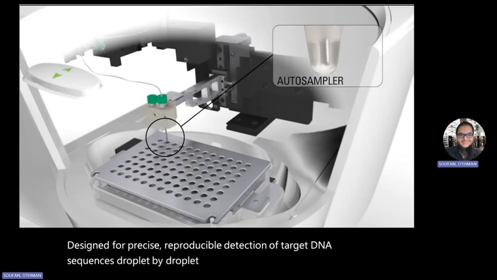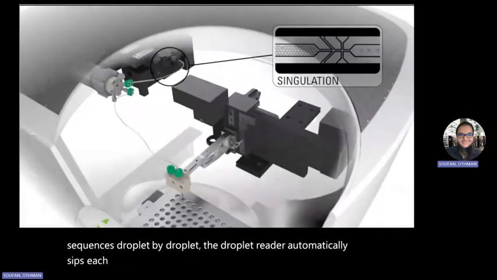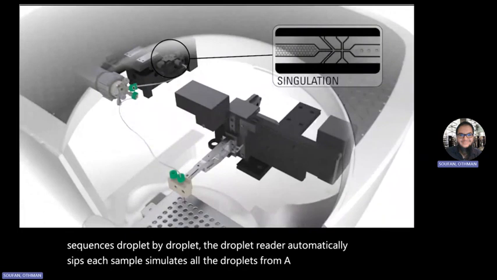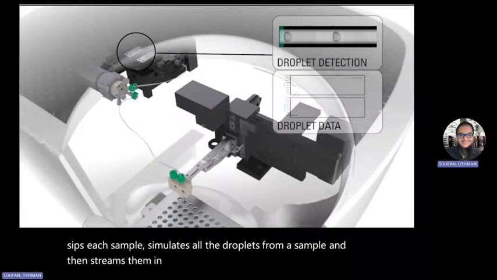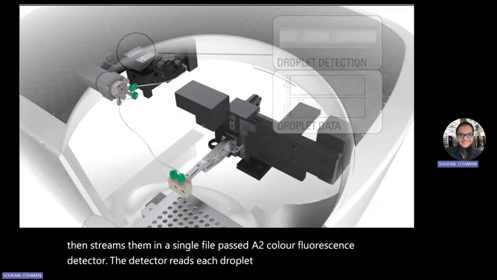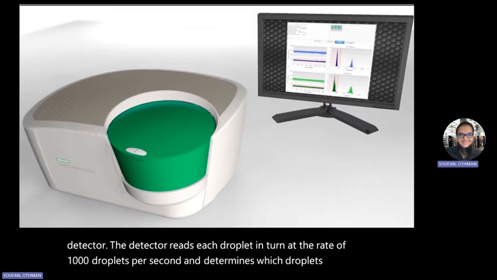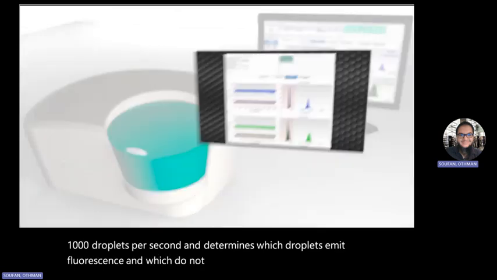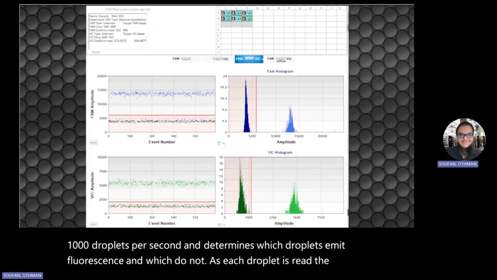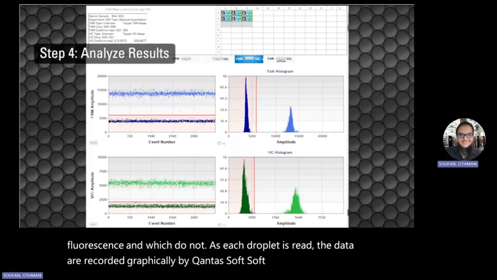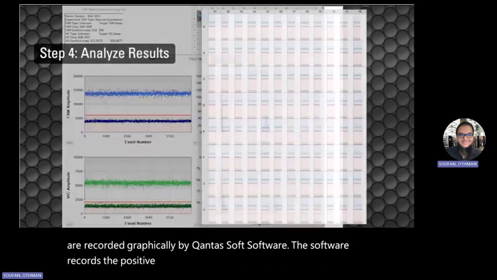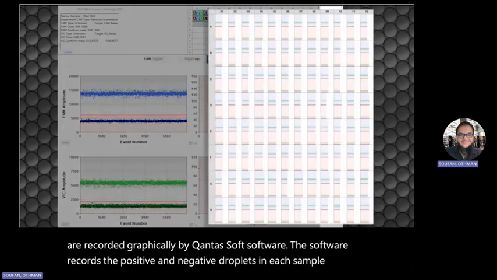The droplet reader automatically sips each sample, singulates all the droplets from a sample, and then streams them in a single file past a 2-color fluorescence detector. The detector reads each droplet in turn at the rate of 1,000 droplets per second, and determines which droplets emit fluorescence and which do not. As each droplet is read, the data are recorded graphically by Quantisoft software. The software records the positive and negative droplets in each sample and plots the droplet by droplet fluorescence.